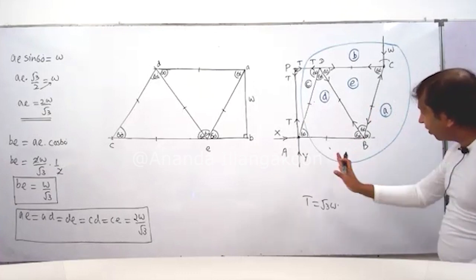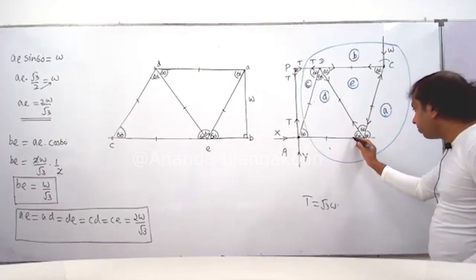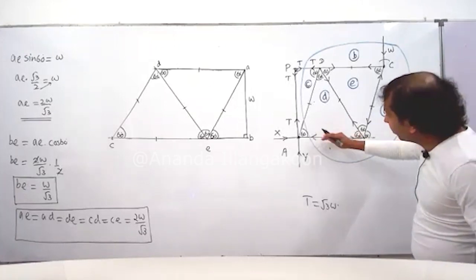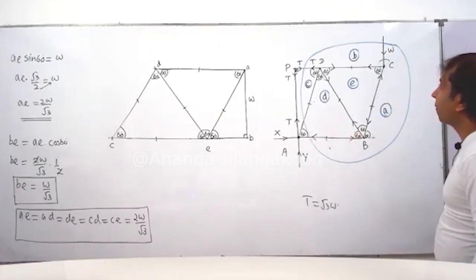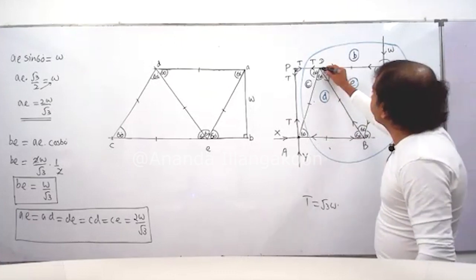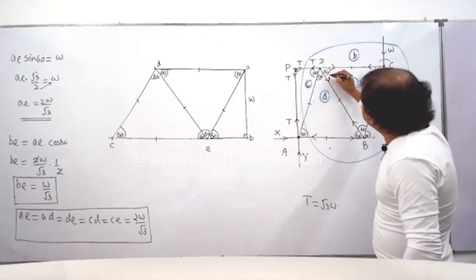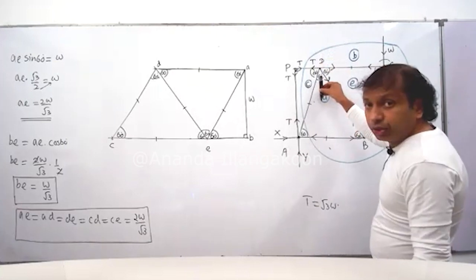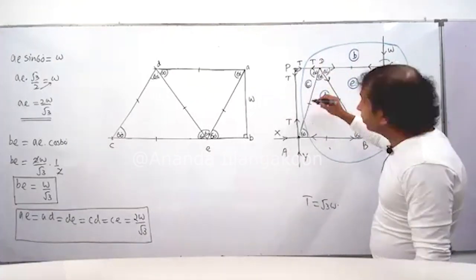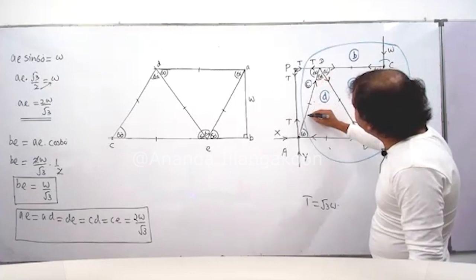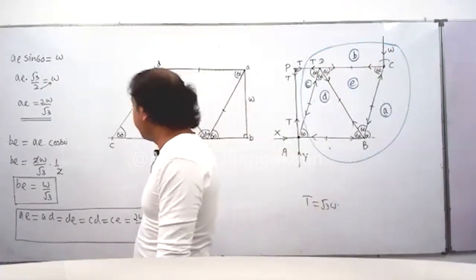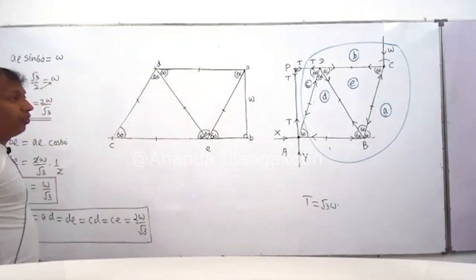To balance that rightward component needed, it is given this way by the rod AB, other end this way. This is therefore a thrust. Now come to this. This force will have a vertically downward component. To balance that upward component needed, that force will act like this, which is also a thrust. So therefore, we know everything.